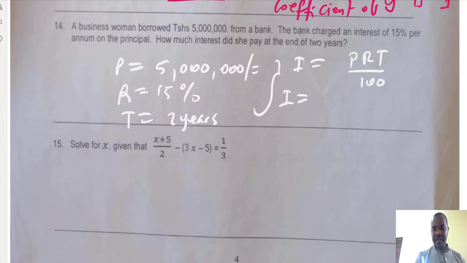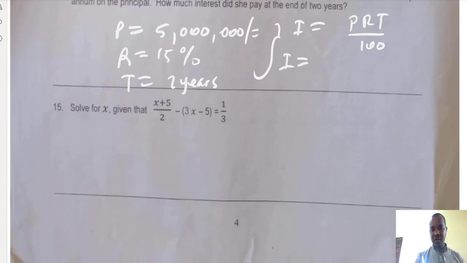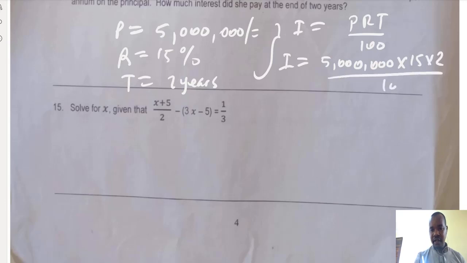Simple interest is equal to 5 million times 15 times 2 over 100. So 15 times 2, 30. Let us cancel 2 zeros here and these 2 zeros.